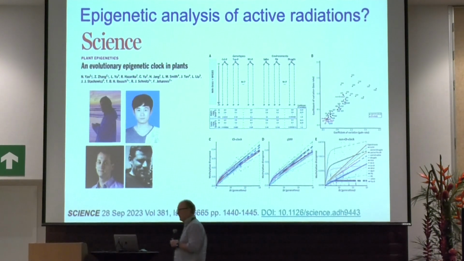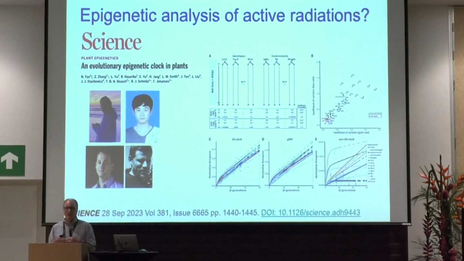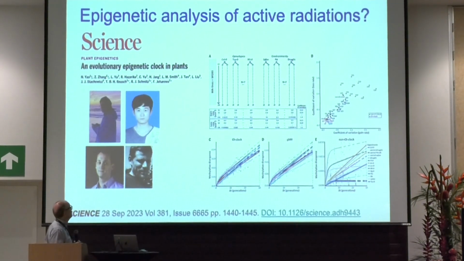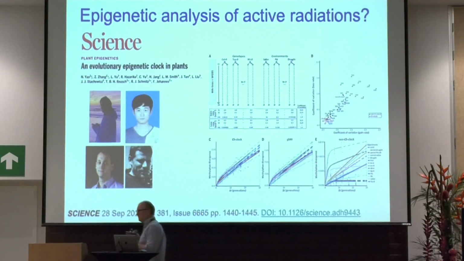It may allow us to understand radiations that are active right now, the emergence of new species, like we heard about in some of the talks yesterday in this room. And this is, rather than using nucleotide sequence variation, looking at variation in methylome marks, or epigenetic analyses.